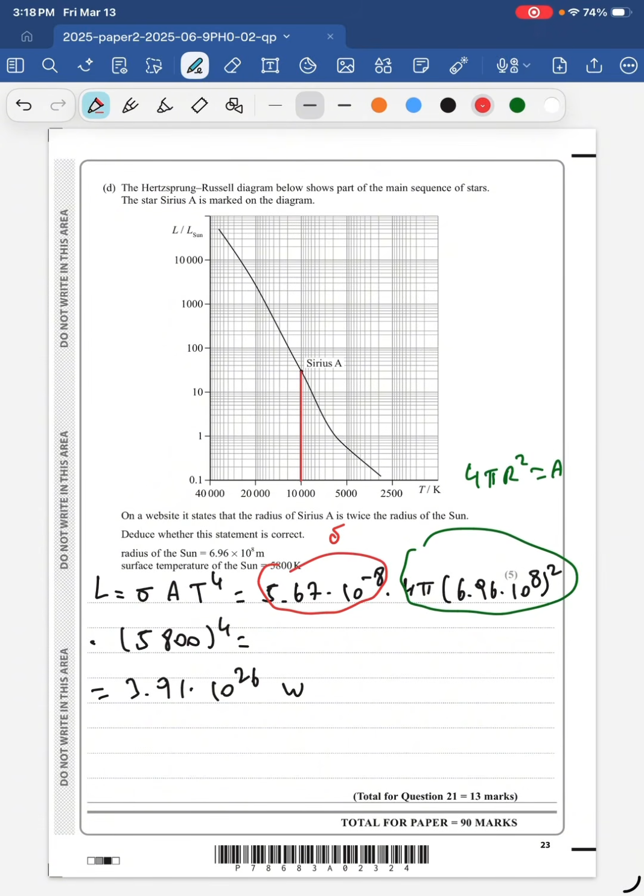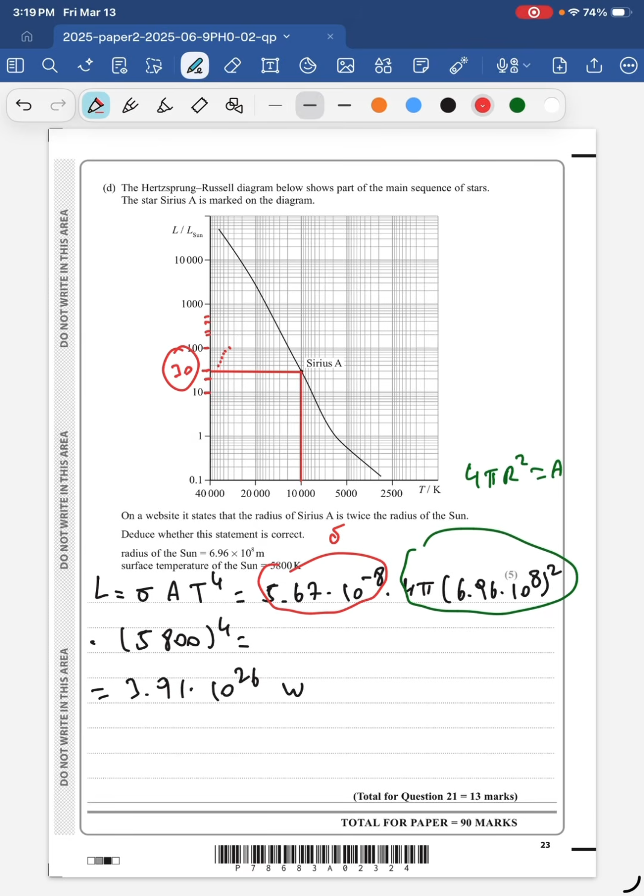And another thing I wanted you to know about this graph is that if this is 10, this is 30, because if this is 10, then this is 20, this is 30, and then the next line is 40, 50, 60, 70, 80, 90, 100. Then the next line is 200, 300, 400, 500, because it's a log scale.